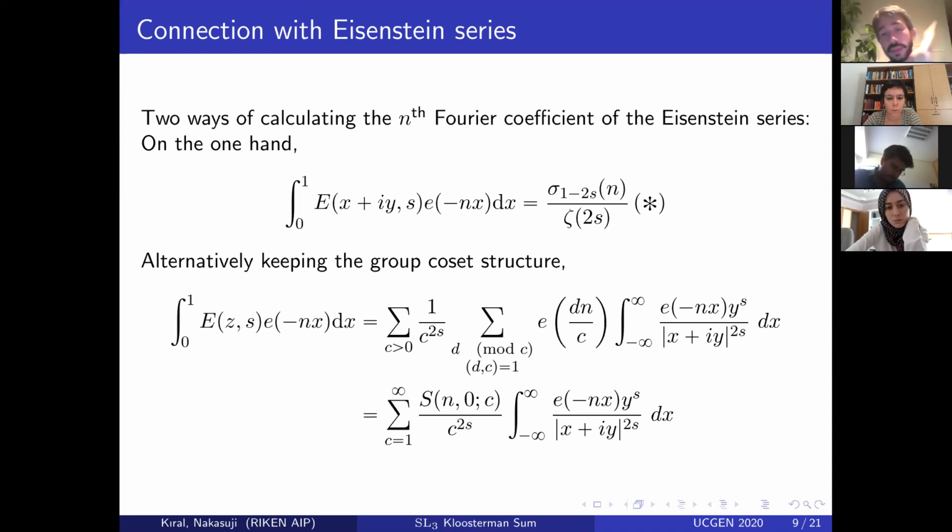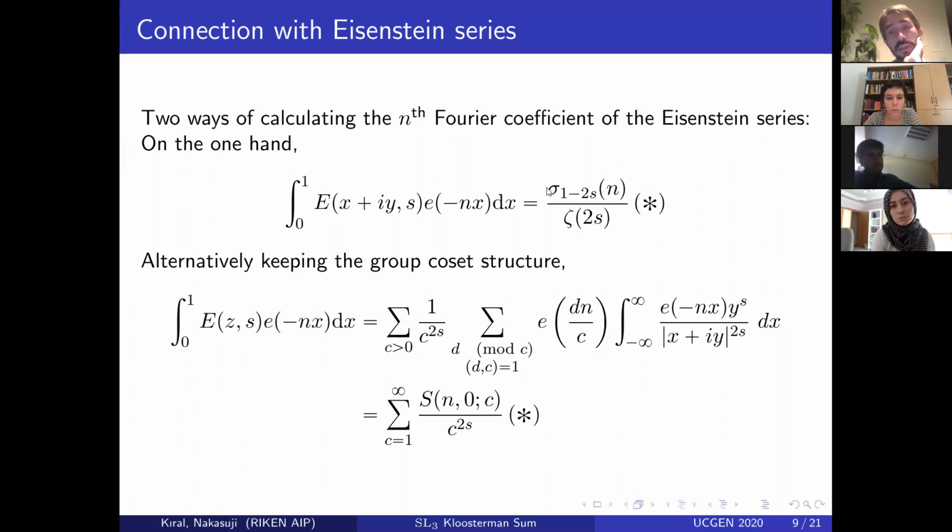And the right-hand side I'm going to ignore. It's exactly the same asterisk there, so I'm going to ignore. So this is how you would get the divisor sum function equaling a Dirichlet series of Ramanujan sums.